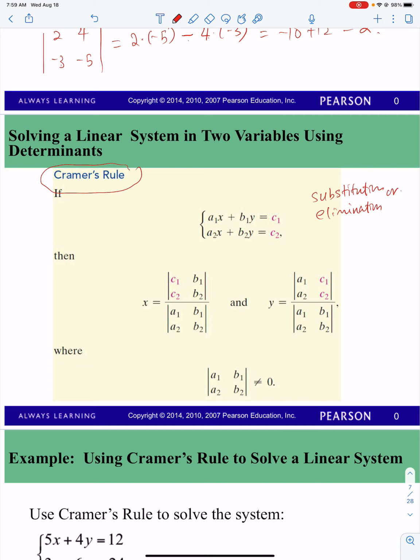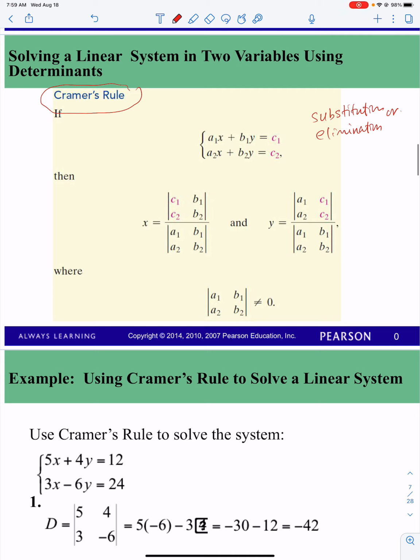Now, with the definition of the matrix, what could we do? You can use Cramer's rule. What will x and y be? It will be a determinant, the determinant of the coefficients.